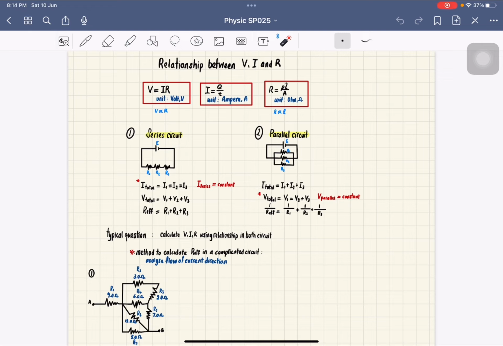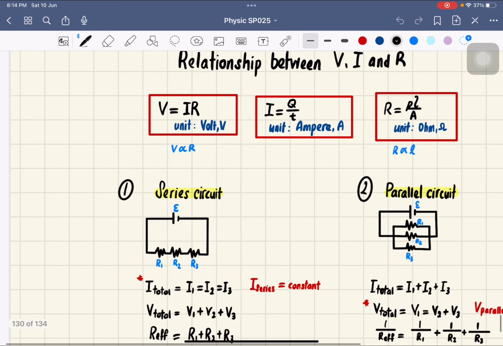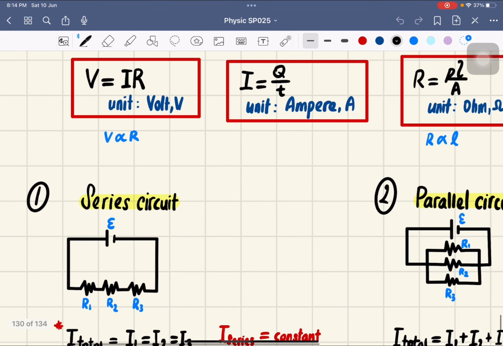From these three equations, the first equation states that V is directly proportional to R. Then the third equation shows that R is directly proportional to the length. So we can actually use the relationship to form an equation like this: V1 over R1 equals V2 over R2.